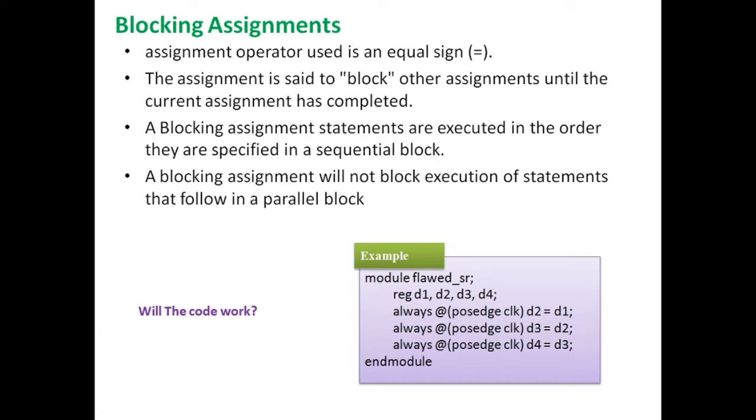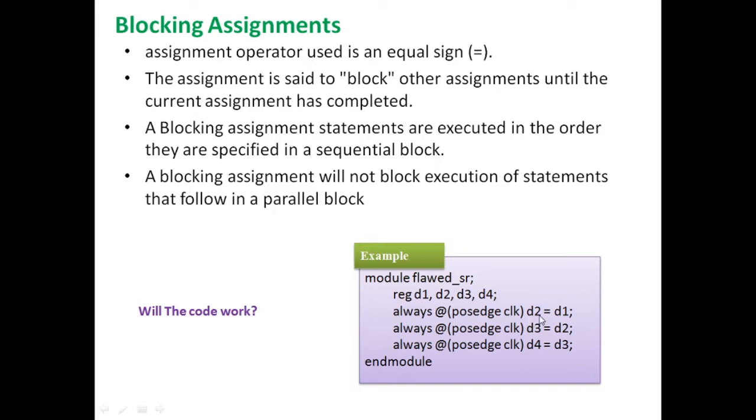A blocking statement will not block the execution of the statements that follow in a parallel block. For example, I take an assignment operator equal to here. So this assignment is blocking the other assignments until its execution is completed.